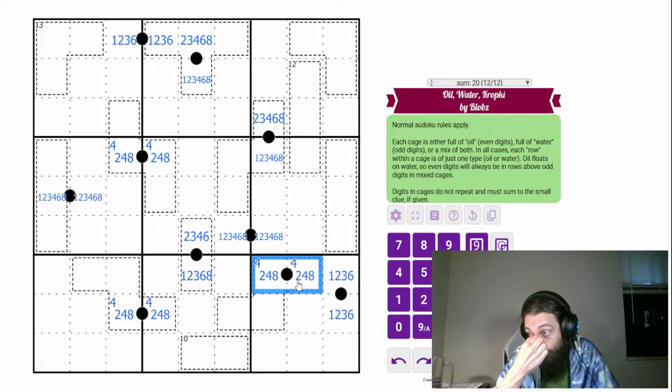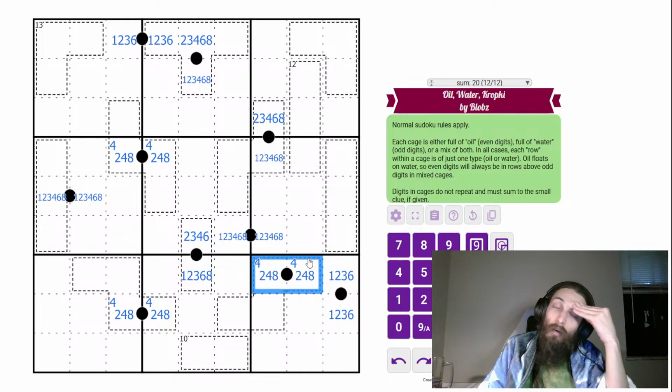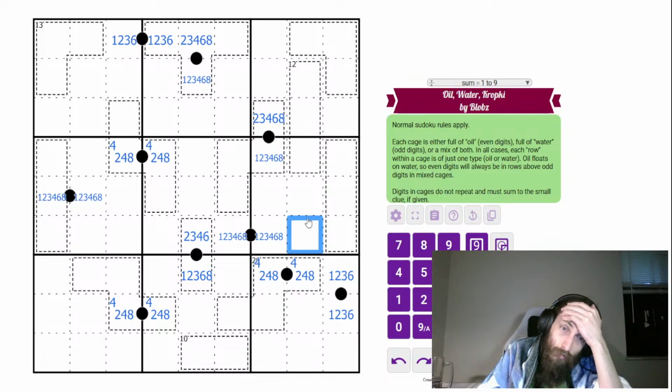That would have to be 5, 9. It'd be 6, 8. Yeah. Oh, yeah, that's true. It could be all evens. Okay. Yeah, because the cage is either all even, all odd, or evens are above odds. Yeah.